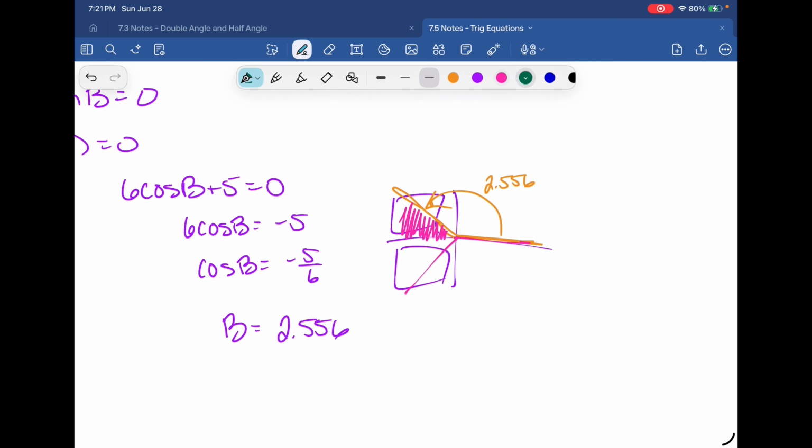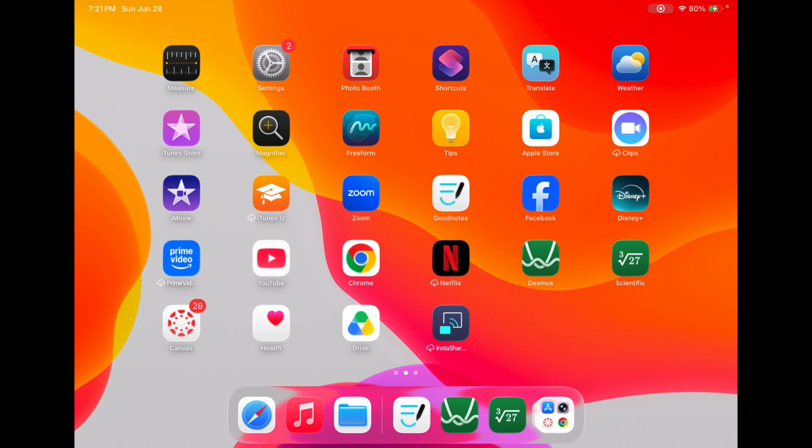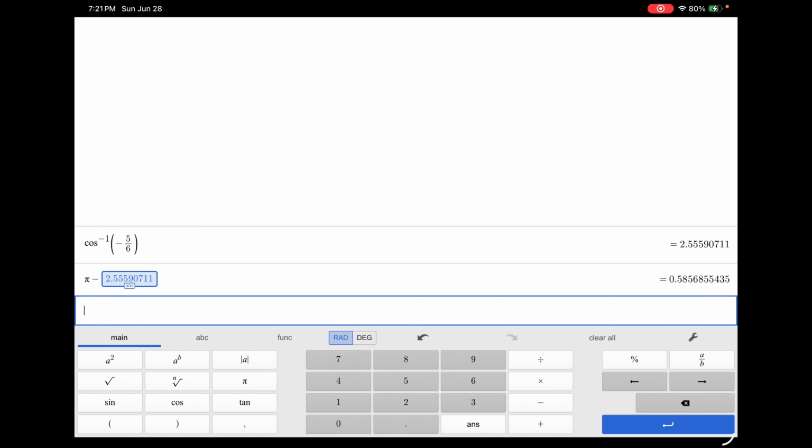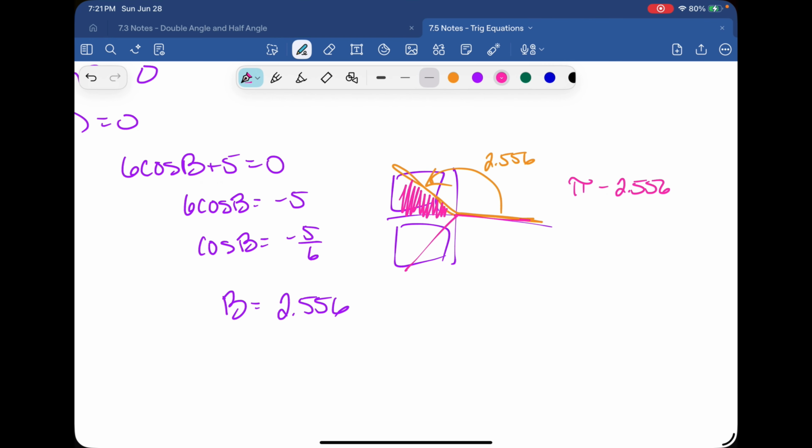So we're going to do pi minus 2.556. So 0.586. So that gives me my pink angle here. Gives me all of this. Well, that's the same over here.